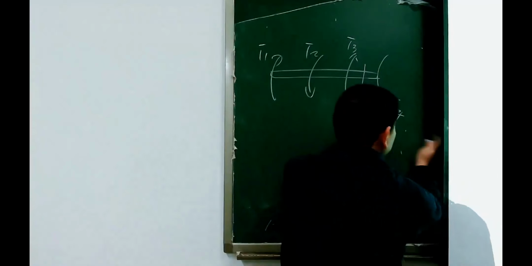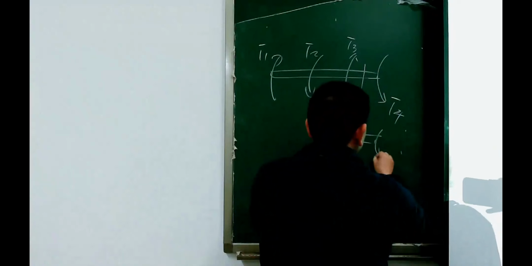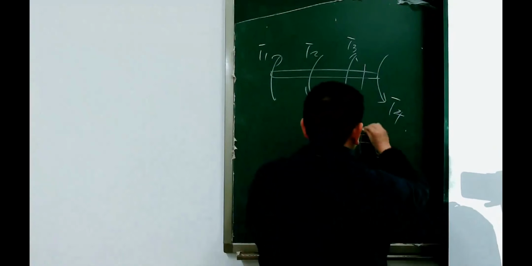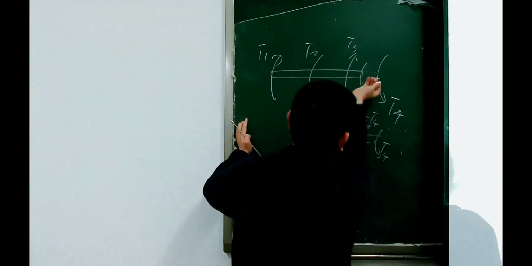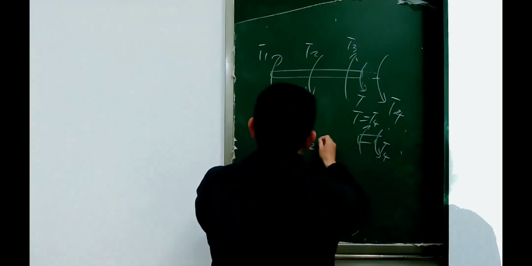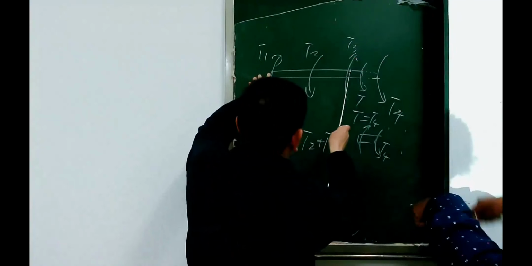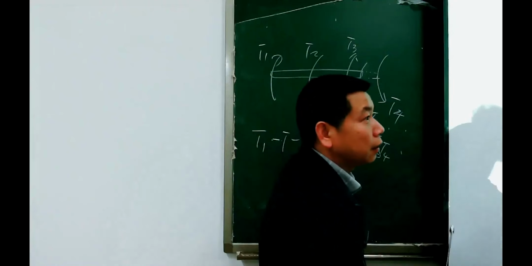If I choose the red part, T is T4, so I can use this part. Then T1 plus T plus T minus T2 plus T, with T1, T2, T3 positive or negative, must be 0, then find T. So I use lots of T, or just one T, depending on which part you choose to analyze.